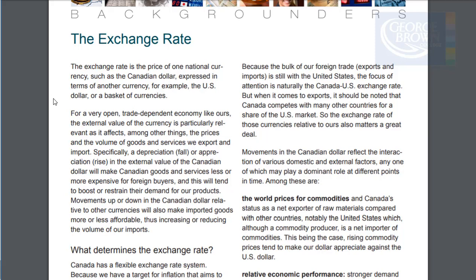So for very open, trade-dependent countries like Canada, the external value of the currency is particularly relevant as it affects, among other things, the prices and the volume of goods and services we export and import. Specifically, a depreciation (fall) or appreciation (rise) in the external value of the Canadian dollar will make Canadian goods or services less or more expensive to foreign buyers, and this will tend to boost or restrain their demand for our products.